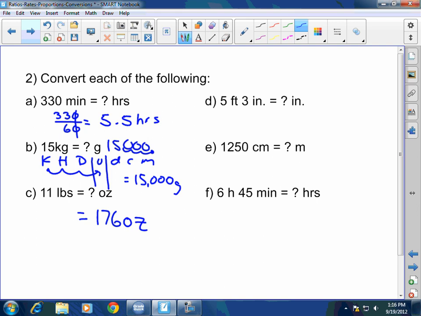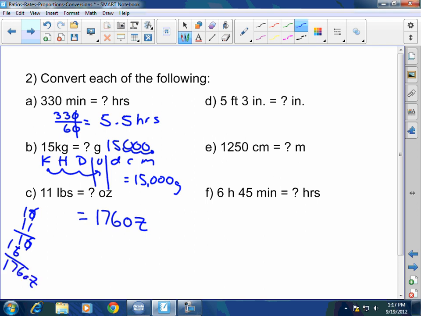Yeah, there's 16 ounces in 1 pound. So therefore, I went from large to small, guys. Large to small, so I multiplied. So 16 times 11, I promise. Why 17? Because I'm dumb. Okay, 6 and then 1, so that is 176 ounces.